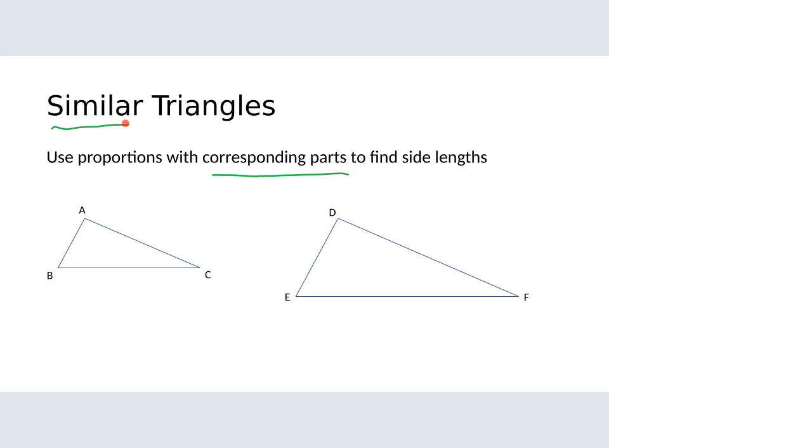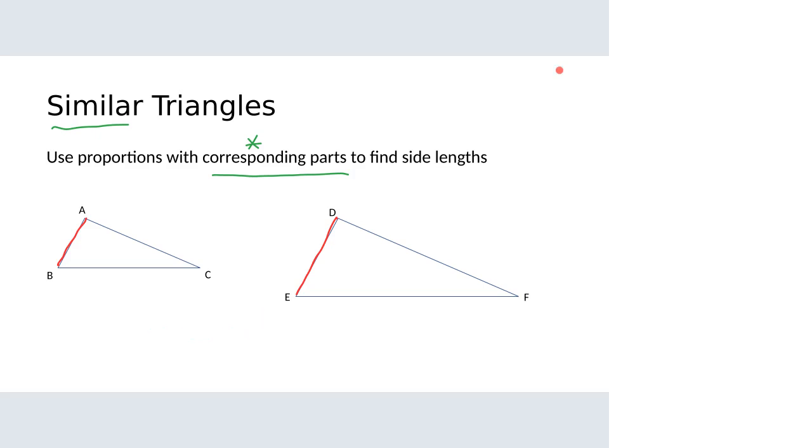And when two objects are similar, there are going to be parts that correspond to each other. What I mean by that is if we look at these triangles, I've got side AB over here, and that corresponds to side DE. When this triangle got enlarged, going from here to here, AB turned into DE.